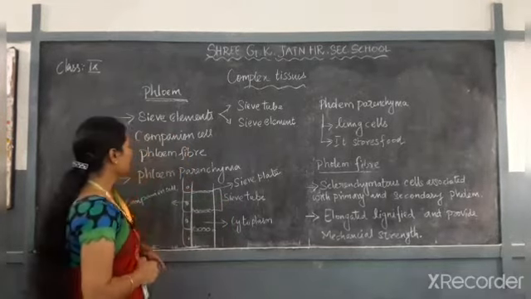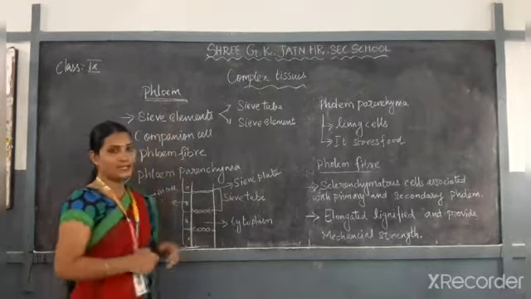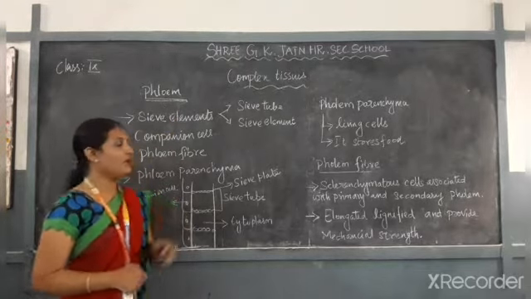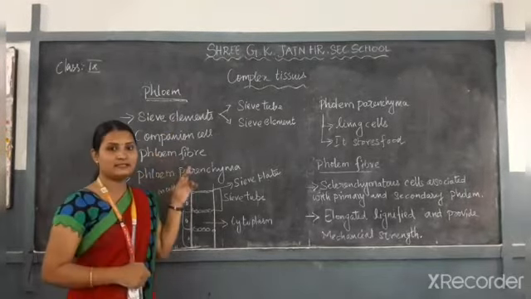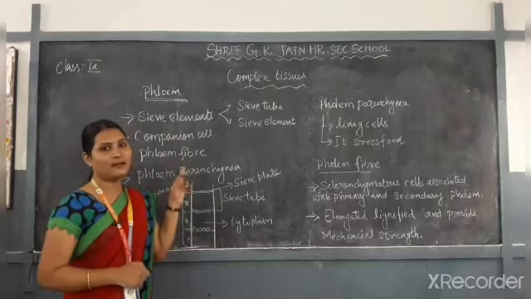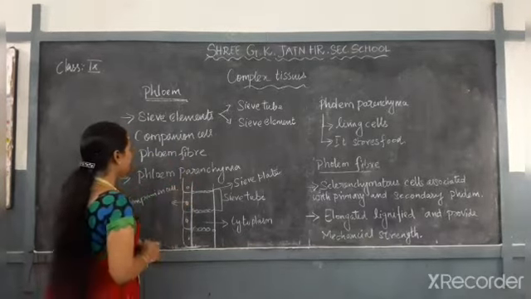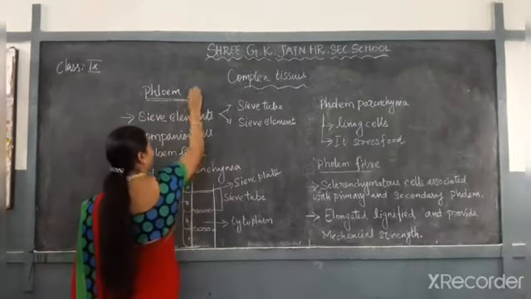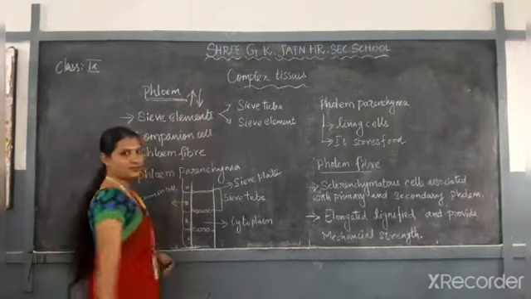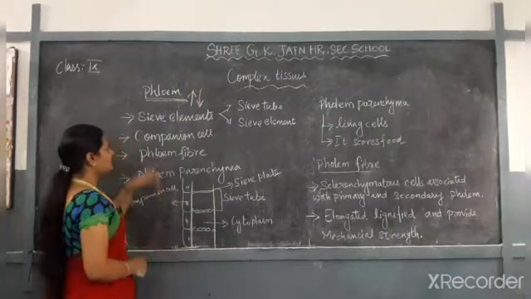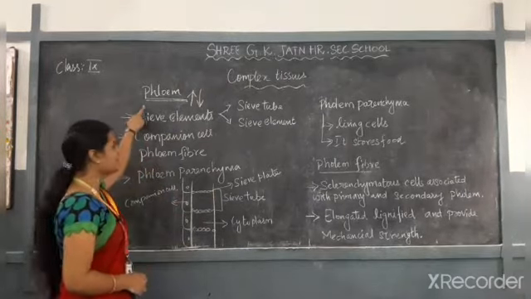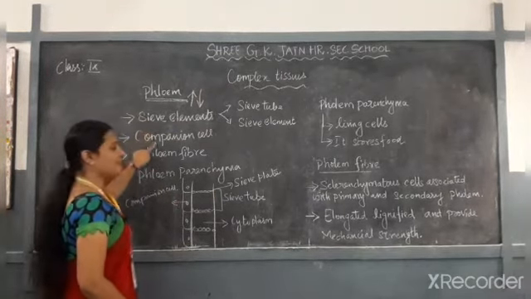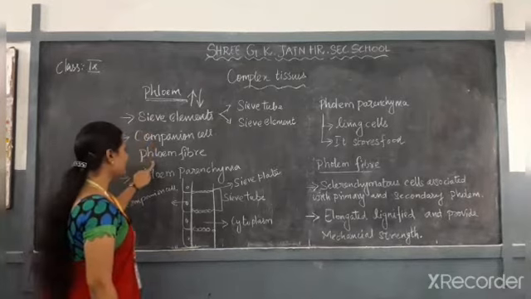And here we are going to see about the phloem. As I told you already, the translocation of food is done by the phloem in the plants. And that translocation occurs in two directions, upward and downward. Here the phloem consists of sieve elements, companion cells, and phloem fiber.